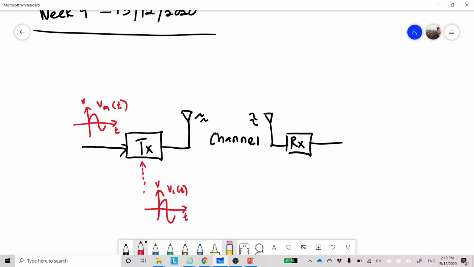Okay. Saya akan sambung kuliah untuk chapter 3 berkenaan dengan angle modulation. Kita telah melihat berkenaan dengan frequency modulation dan juga phase modulation.